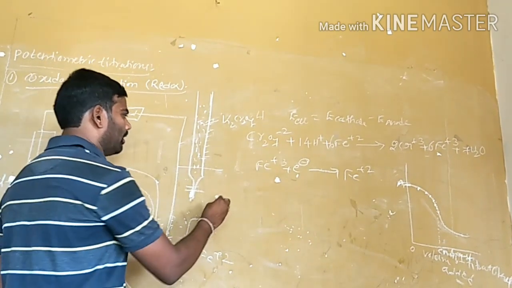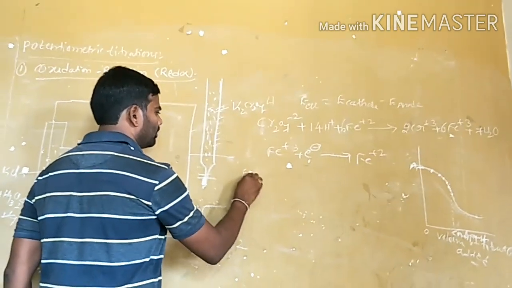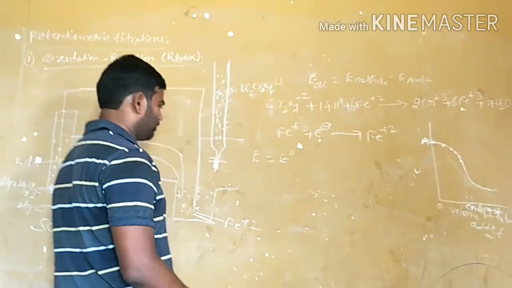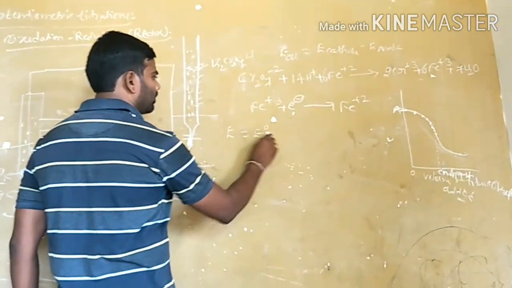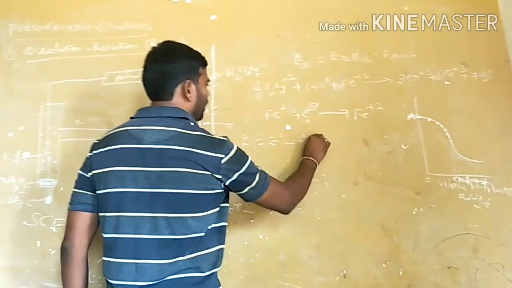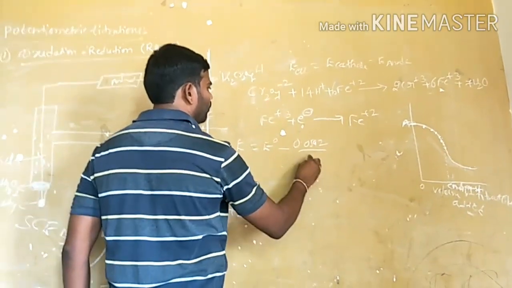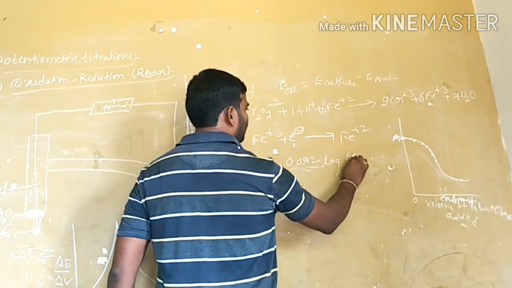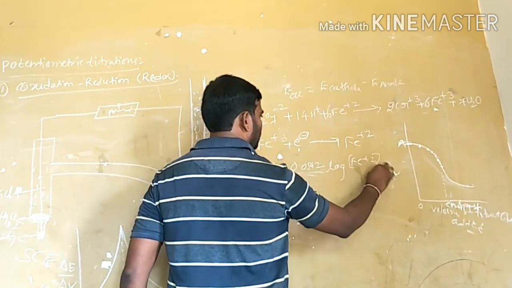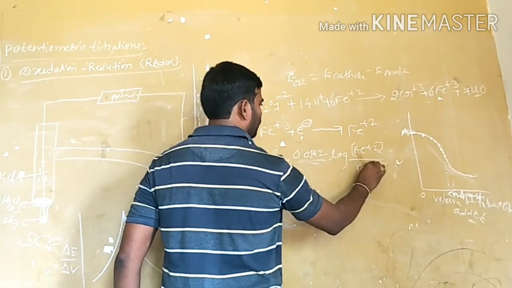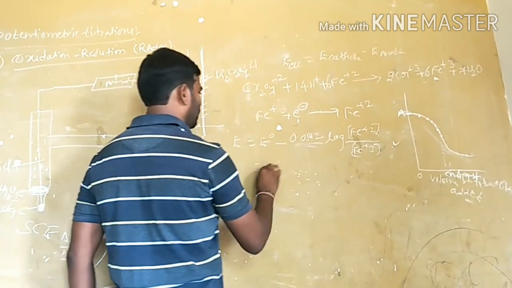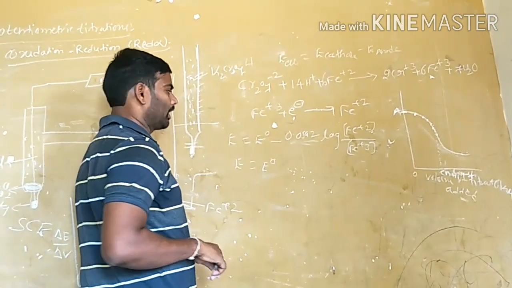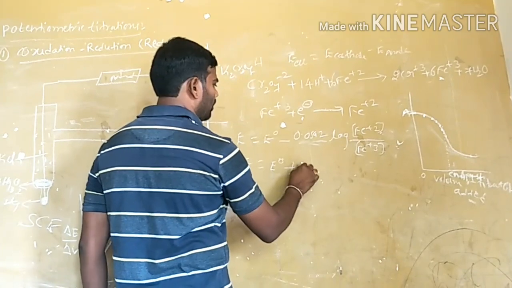For this electrode, the potential value is equal to E naught minus 0.0592 log of the concentration of product, Fe plus 2, over reactant, Fe plus 3. E naught is for this iron electrode.